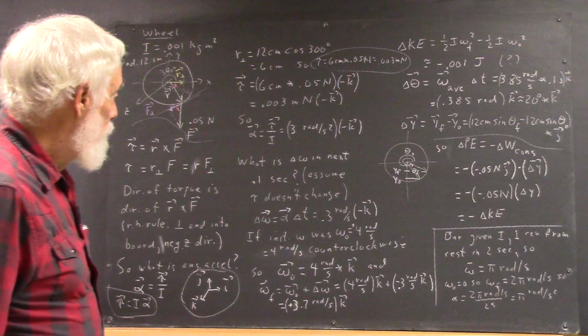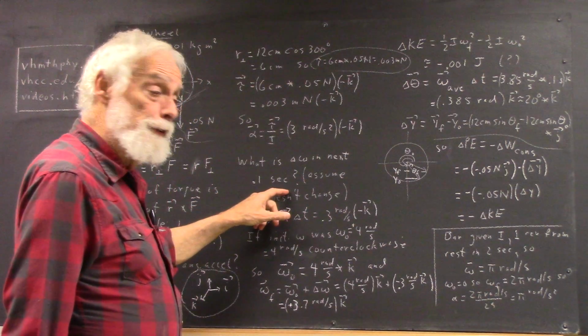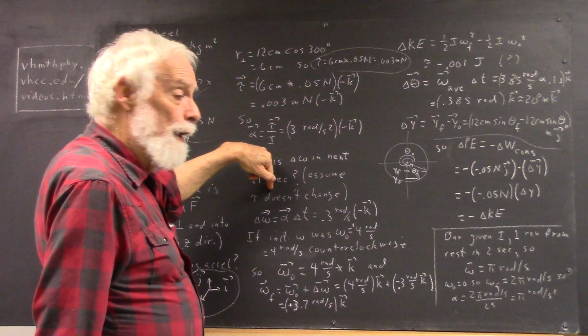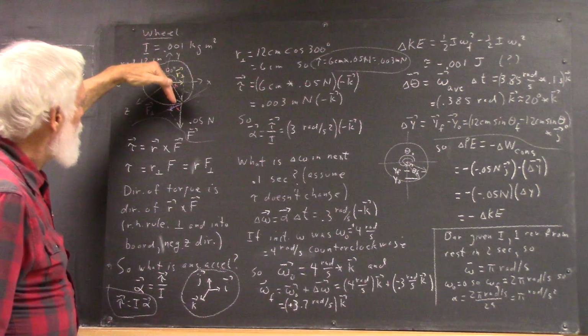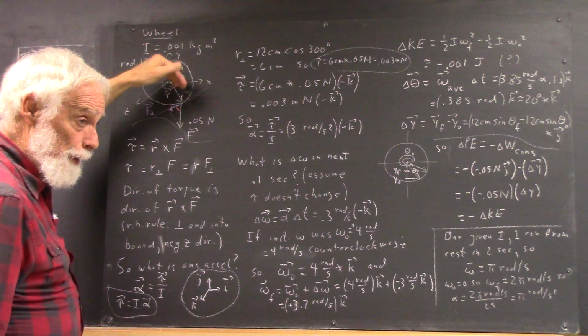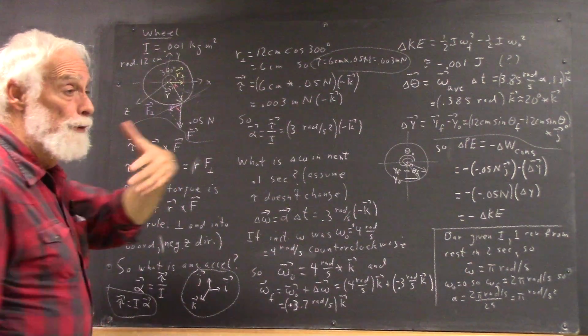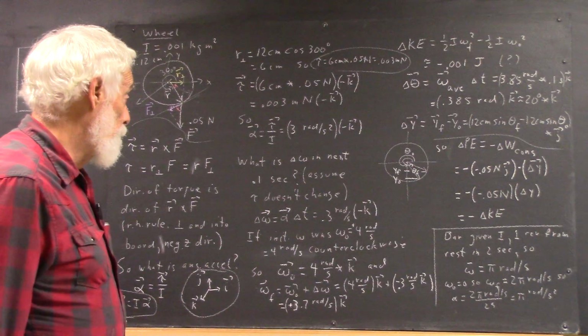Then we ask, well, what's the change in omega in the next tenth of a second? Well, let's assume that tau doesn't change, because obviously as the wheel moves one way or the other, the angle is going to change, so our perpendicular is going to change, so your torque is going to change, so your angular acceleration is going to by darn change.